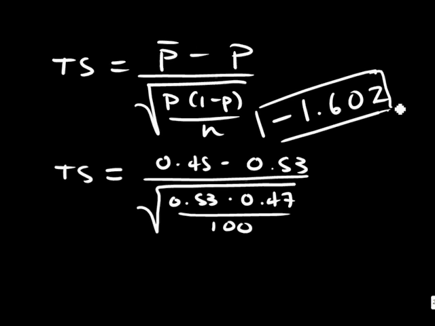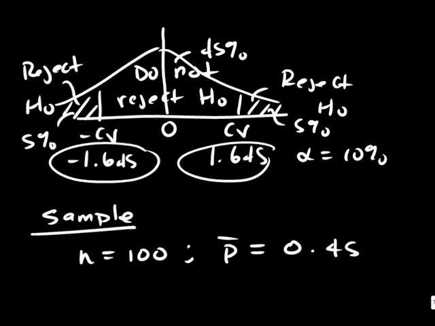So let's see where this value lives in our decision rule. Negative 1.602. The test statistic is negative, so it's to the left. But it's not quite negative 1.645. Negative 1.60 is pretty close. It is over here. This is where we can approximate the location of our test statistic.